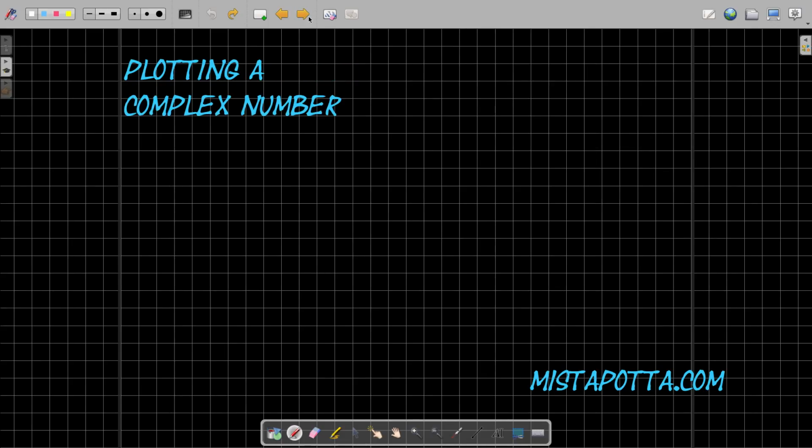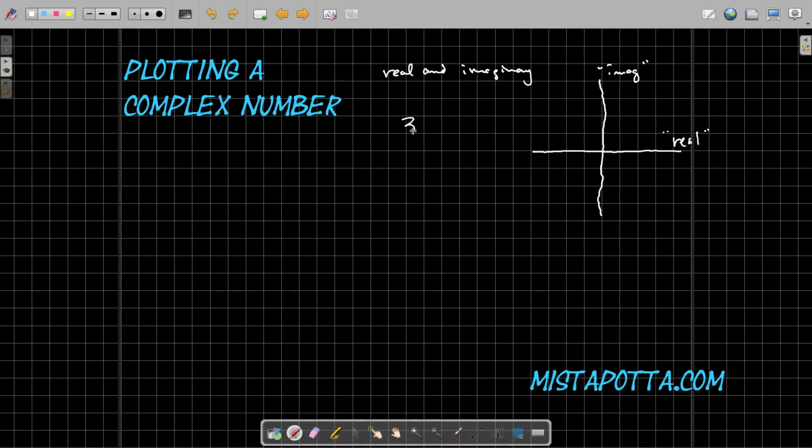Now, we're going to find ourselves in the situation where we need to plot a complex number. And so to plot a complex number, we have to consider the real part and the imaginary part. When I plot a number on an xy plane, the x-axis is considered my real axis, and the y-axis is considered my imaginary axis.